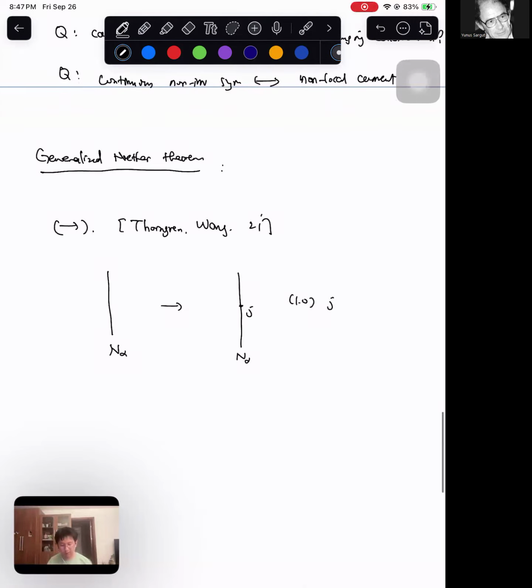The basic reason is that because it's labeled by a continuous parameter, it better have an exactly marginal operator living on it, for which when you turn it on, you can move in this manifold of alpha.